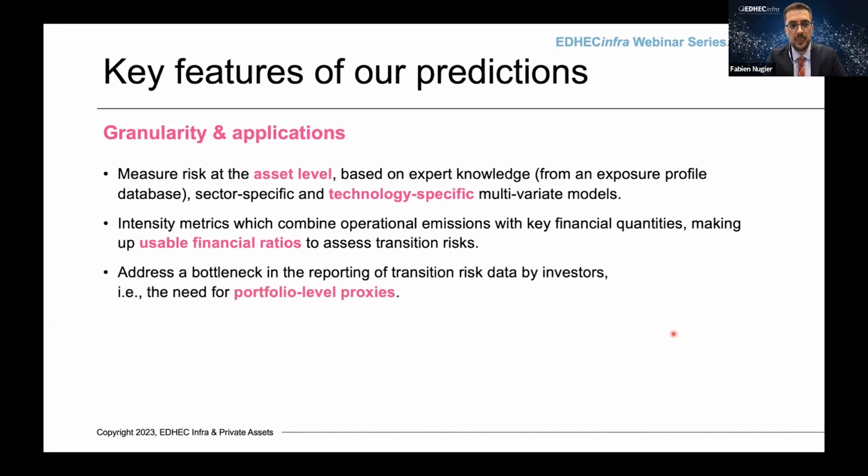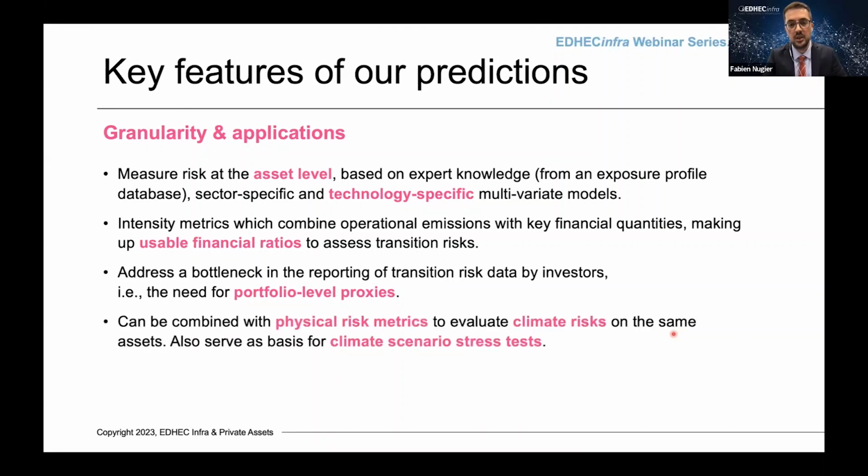Also, these intensity metrics that we derive from the emissions and financial data are directly usable as financial ratios to assess the transition risk on those assets, and for some portfolios as well. So this answers the need for portfolio level proxies and the bottleneck in reporting transition risk. And so this can really help investors to report emissions and the transition risk of their portfolio.